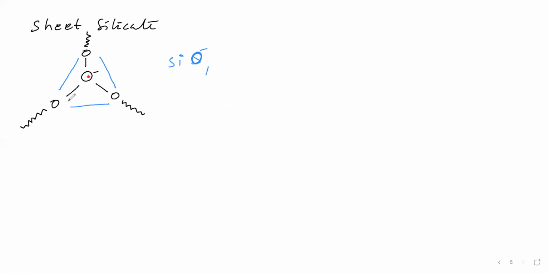This oxygen gives half share. This oxygen gives half share. Therefore, 1.5. So we can say SiO2.5, 2.5 minus. So let us multiply by 2 in order to make this a whole number. So that is Si2O5 2 minus. So the sheet silicate general formula is Si2O5 2 minus.